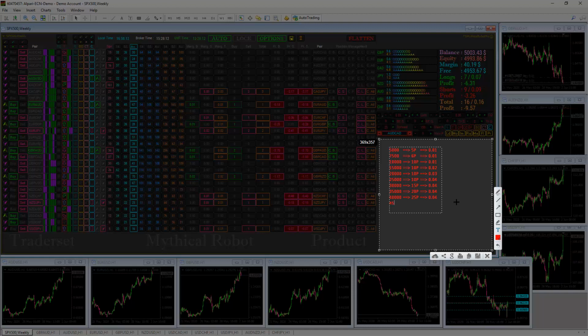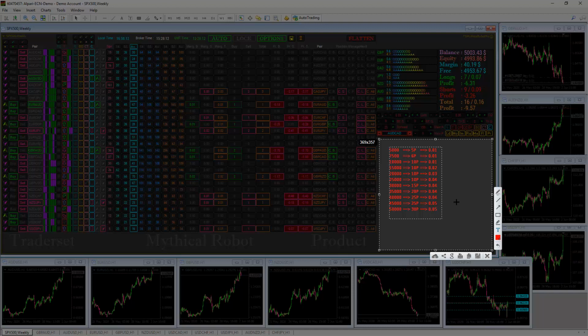At 45,000, I will keep 25 positions, but I will raise my lot size. And at the end, near 50,000, I will make 30 positions per market. Each one is 0.05, and so on and so forth.